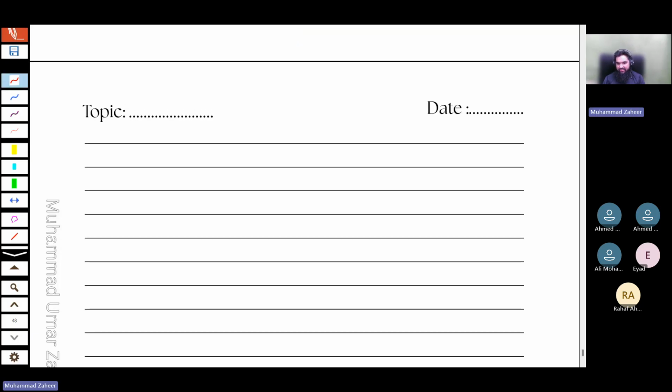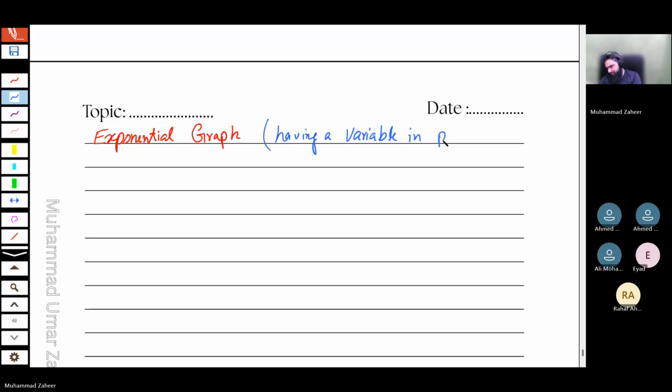Now we are talking about the exponential function. Exponential graph: having a variable in power or index.